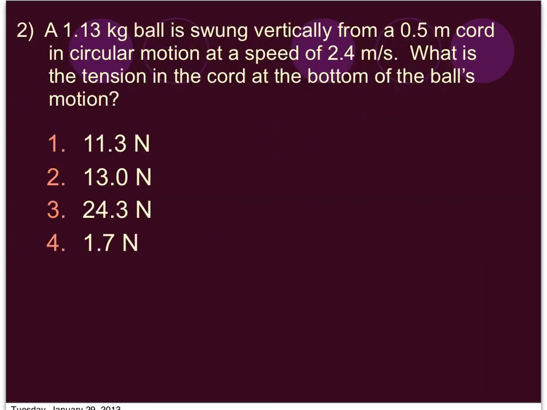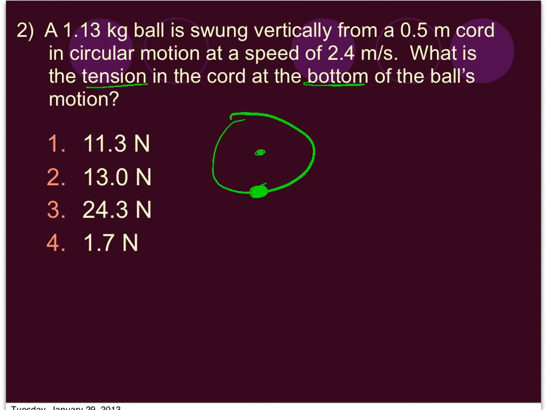Okay, in example number 2, you have a 1.13 kilogram ball swung vertically from a 0.5 meter cord in a circular motion with a speed of 2.4 meters per second. We need to find the tension in the cord at the bottom of the ball's motion. Okay. So if we draw a quick sketch of this, here's the ball at the very bottom of its path.